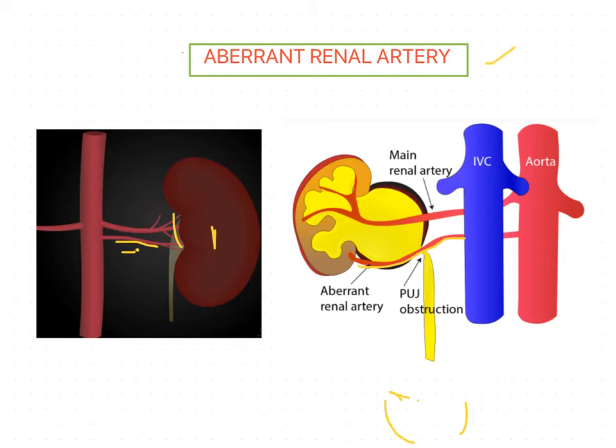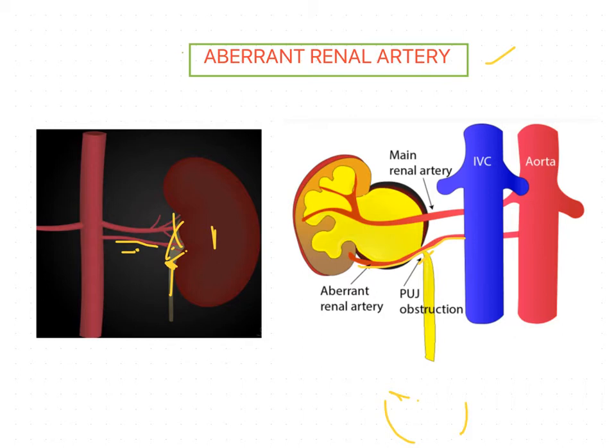This may cross in front of the pelviureteric junction. So this one is the renal pelvis, and this is the ureter. This is called the pelviureteric junction.